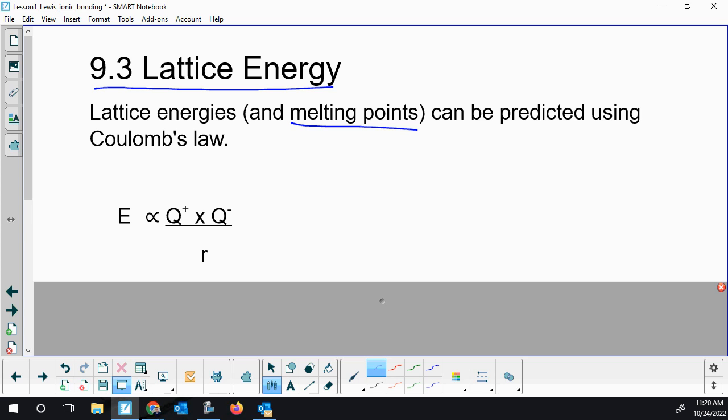And Coulomb's law is what we're going to use to make some melting point predictions. The energy is proportional to, that's that symbol next to the E, the positive charge, the negative charge, divided by the radius that those two charges are from each other.